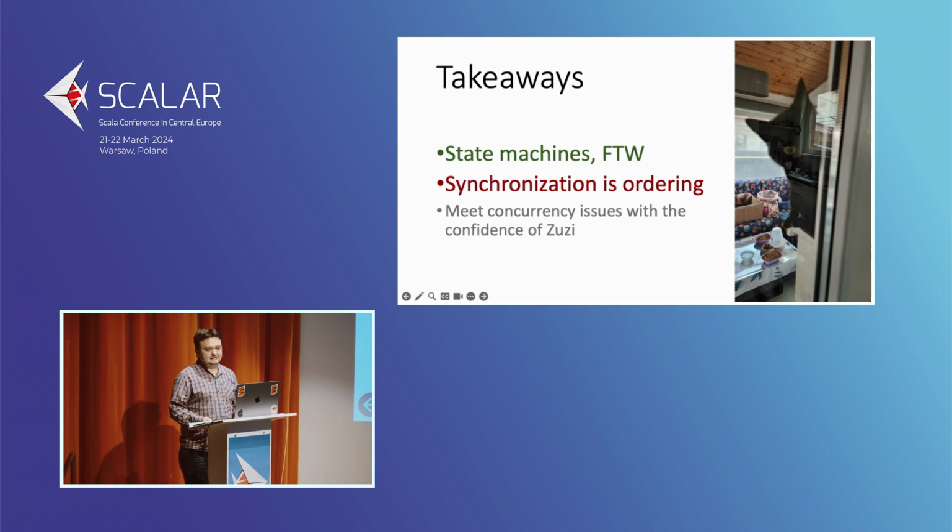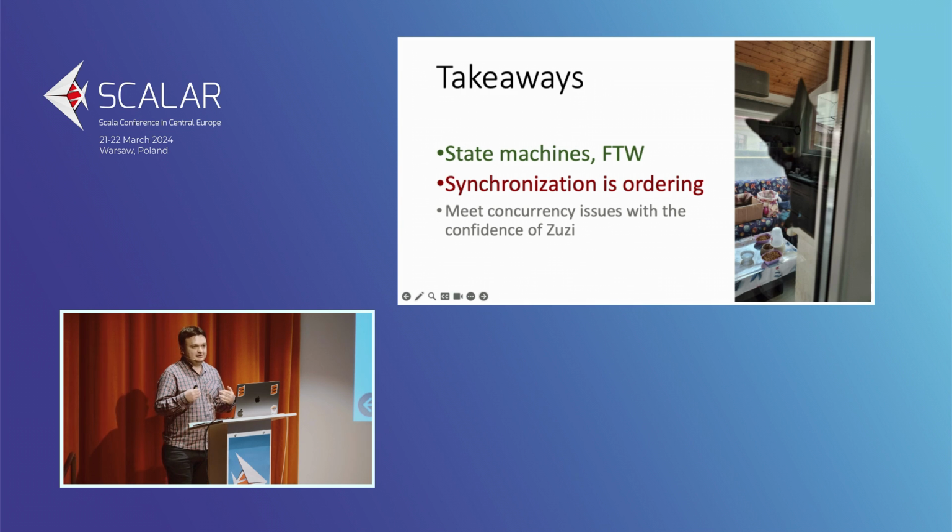So anyway, the two takeaways here would be that you need to think in terms of state machines; if you're not doing that, you end up in a world of pain. And pushing immutable data structures into an atomic reference is a great way of doing that.